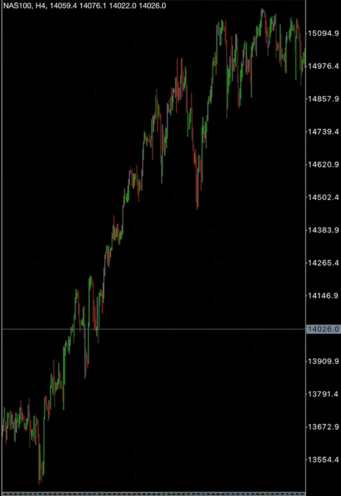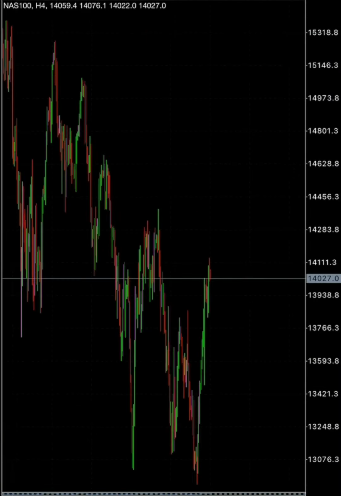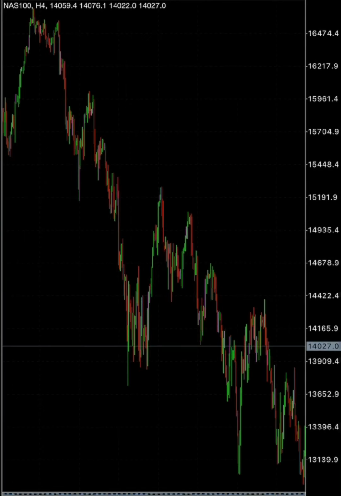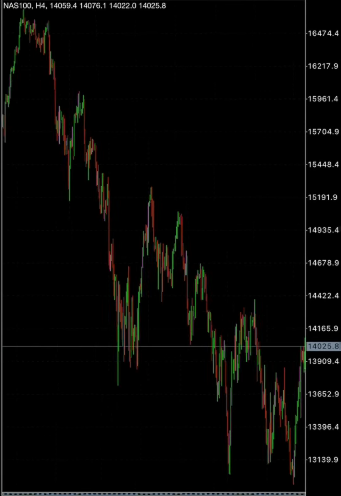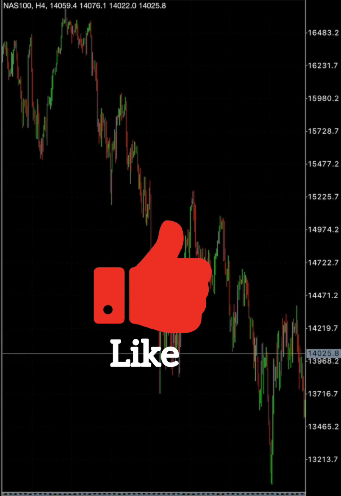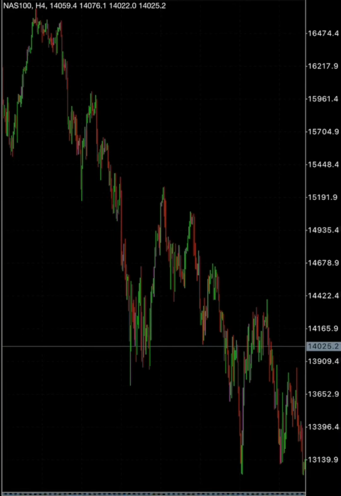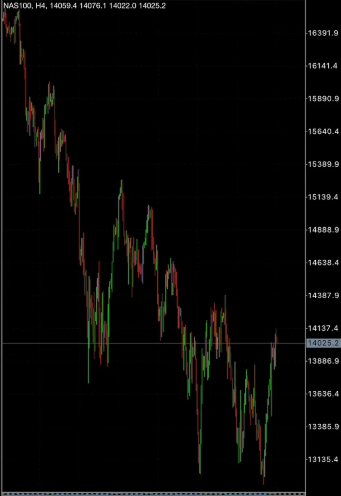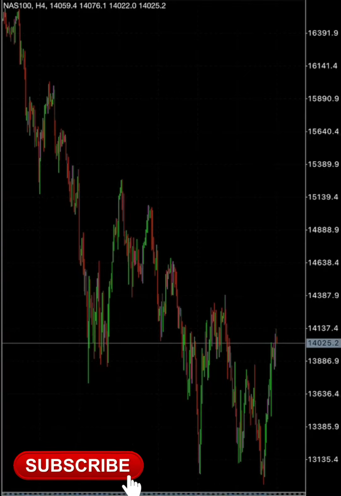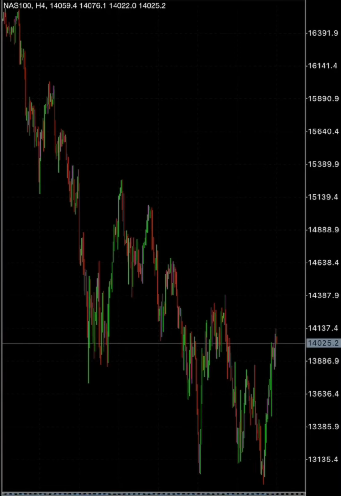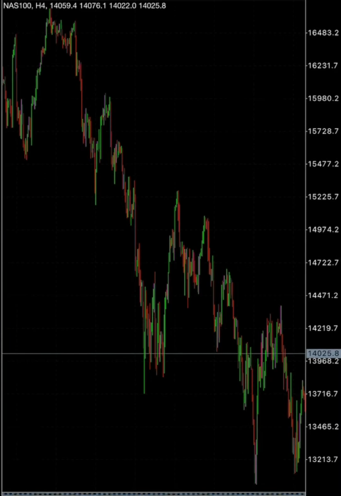These are NASDAQ charts. So what I do, first of all, I look at a support turn resistance zone. If I'm looking for a sell, I look at resistance zones.